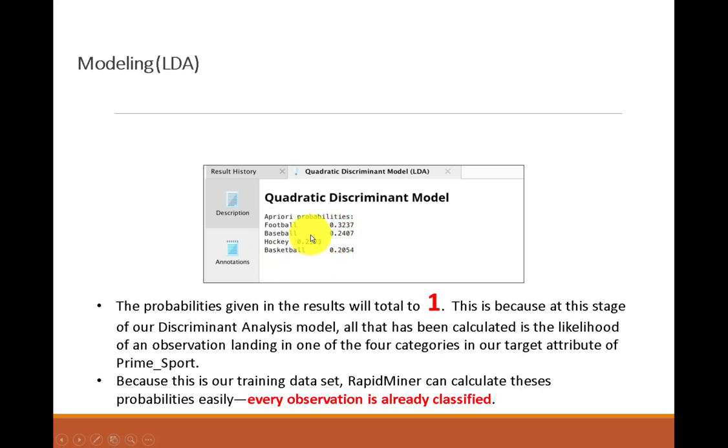So based on the training data, the discriminant analysis model found out that about 32% of those high school students that Gail knew what they are playing in college now were playing football, 24% ended up playing baseball, 23% ended up playing hockey, 20% ended up playing basketball. Why is this important, even though we are not applying the model yet?